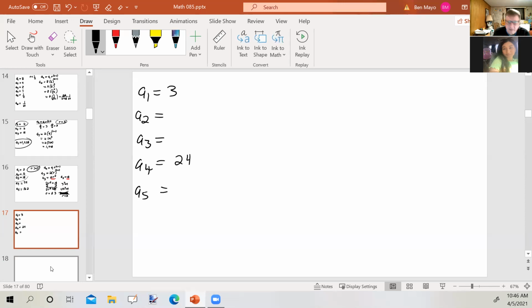Now, they didn't say anything about r being positive or negative. Let's see why. Okay. Again, geometric sequence. I'm going to use the formula a sub n equals a sub 1 times r to the n minus 1 power. I know a sub 1 is 3, but I don't know what r is yet.